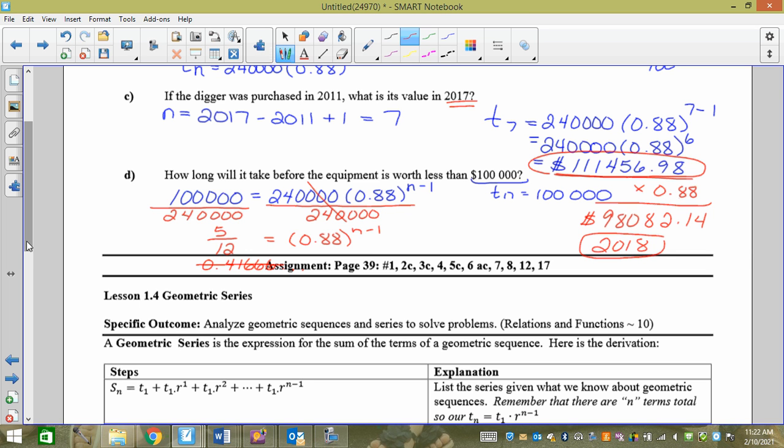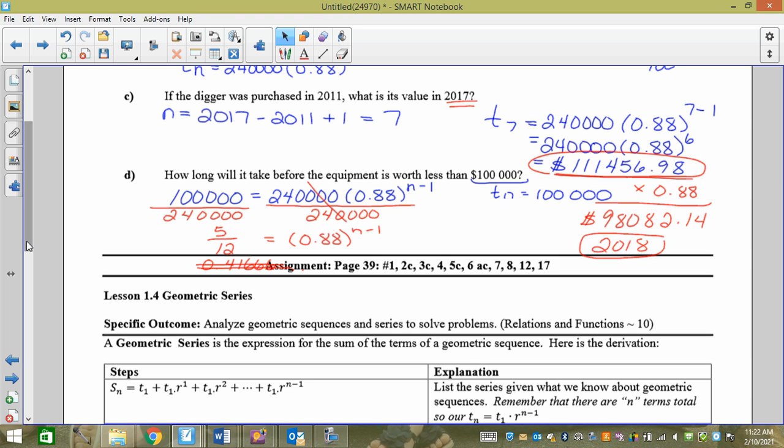Now, I will show you a way that you can do this to check it. You can type this into y1 and type this into y2. This is just for fun. This is to show you a little bit before grade 12. So in your y1 equation, in your calculator, you're going to type 5 divided by 12 in brackets.